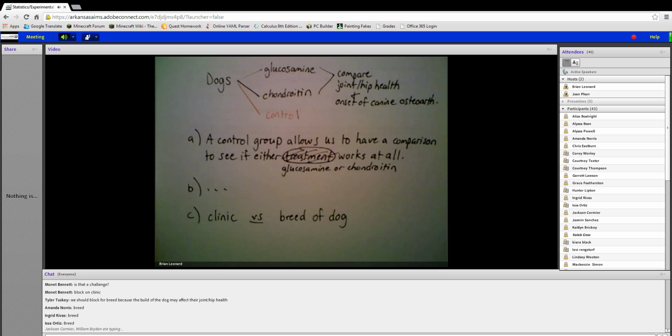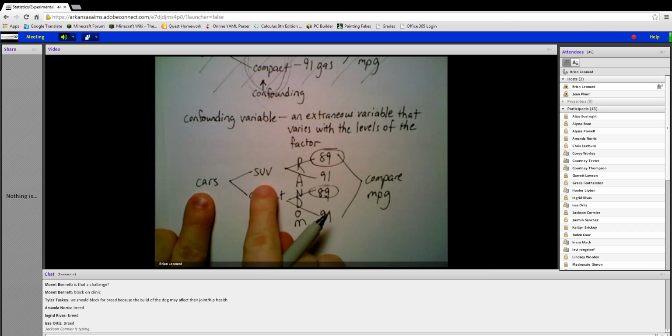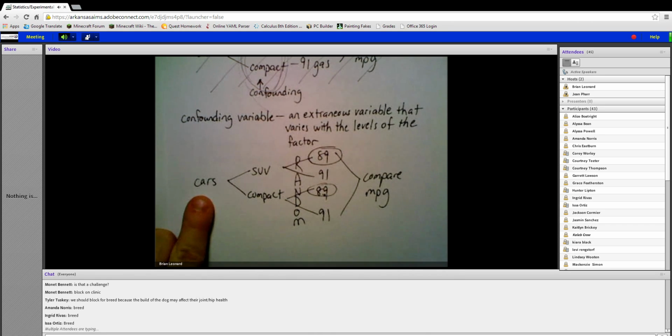Remember, in a block design, when you design a block, let me go back to my car problem. What was the whole goal in designing these blocks? To reduce variability. That's the goal.